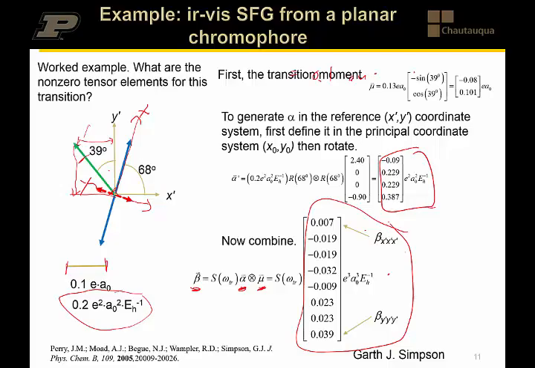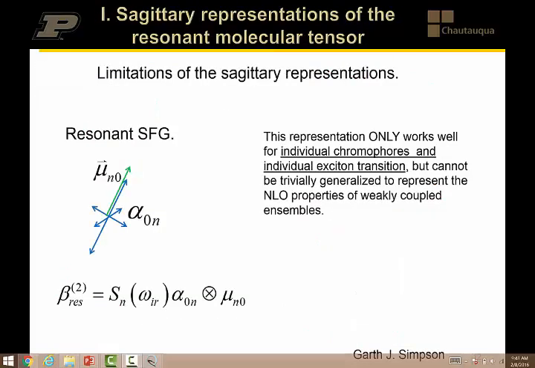So we should only end up with 8 in this reference frame. Everything with the z is 0 valued. We can populate the full set of 27, but in this case only 8 are relevant. All right, so that's sort of the general architecture for how you take the Sagittarius representation and then invert it to recover all non-zero elements in the molecular hyperpolarizability in any x prime, y prime reference frame.